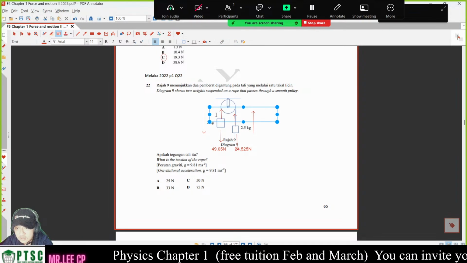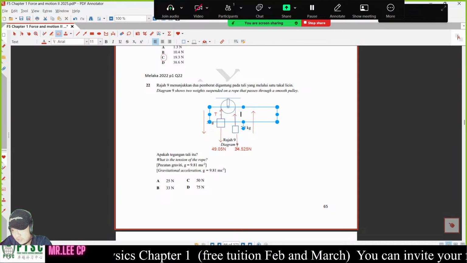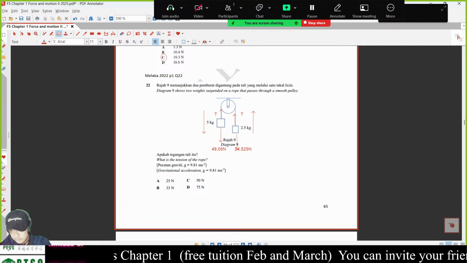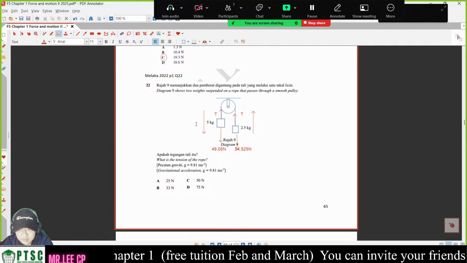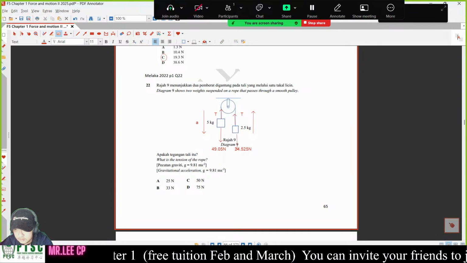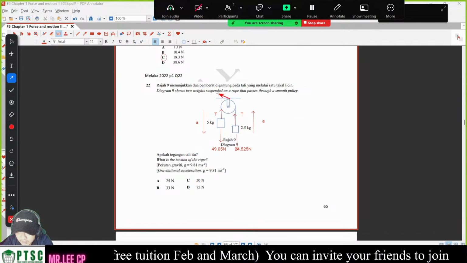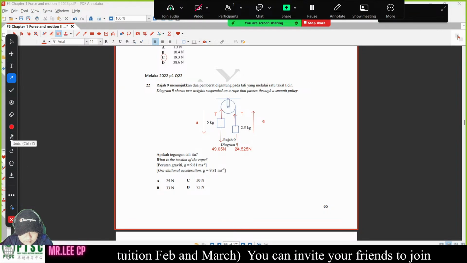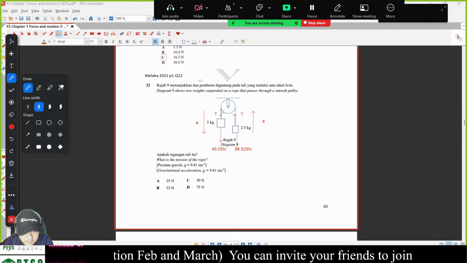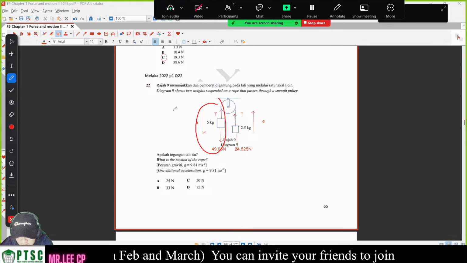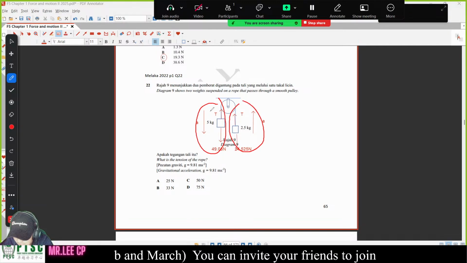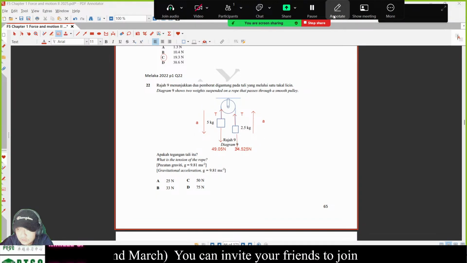Here it is tension, and here it is tension. This one acts upward, this one acts downward. Now I am going to do this one first. First equation, and then after that this one. I do two equations.